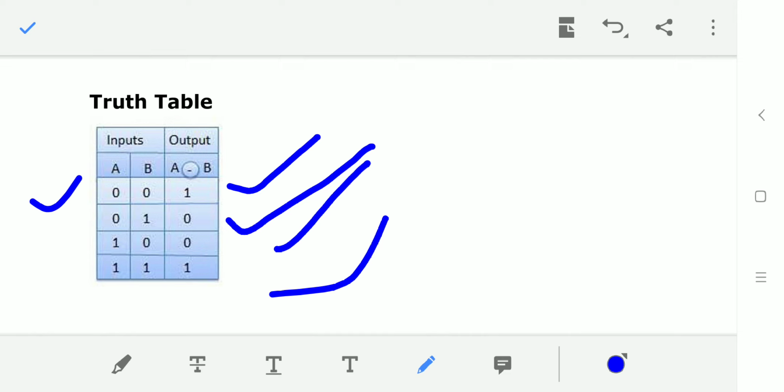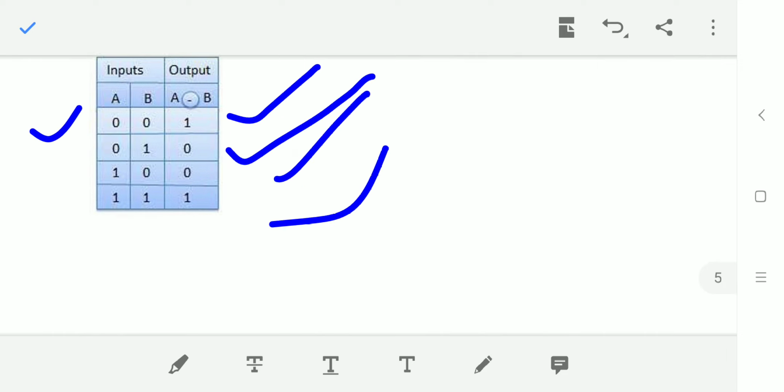In this case, you see here that if both inputs are either false or either true, output always will be true. And for any one of case, if either true or false, then output will be false.